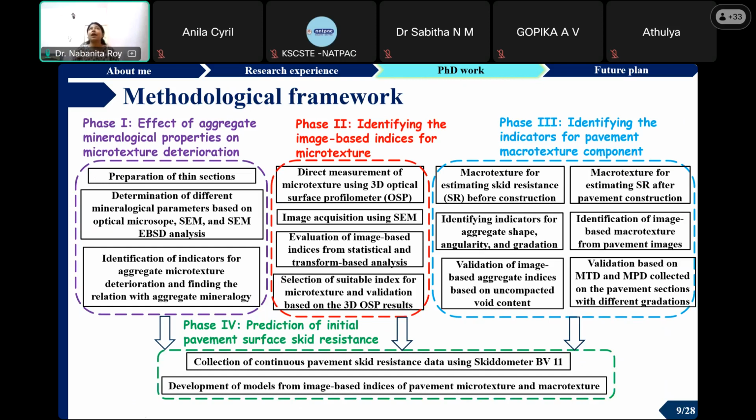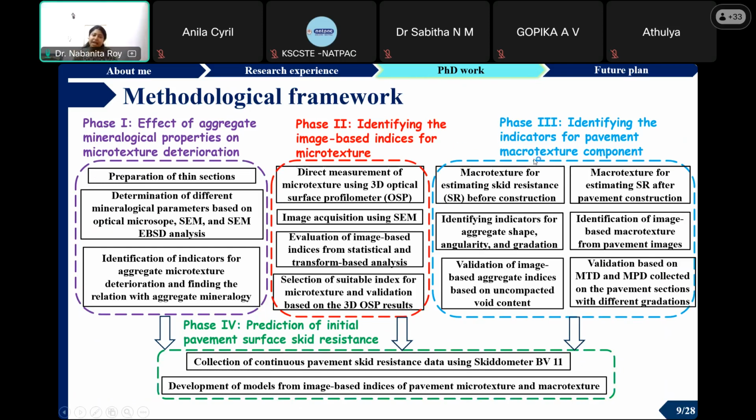Phases 1 and 2 are basically laboratory-based experiments, with conclusions and observations based on the results.